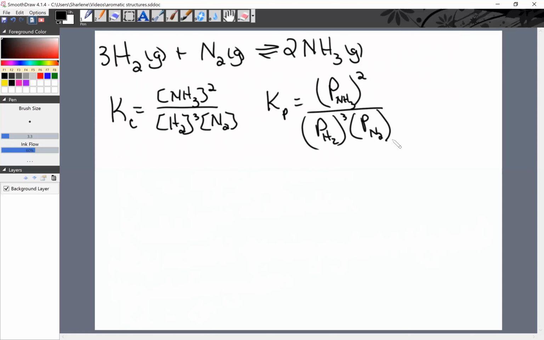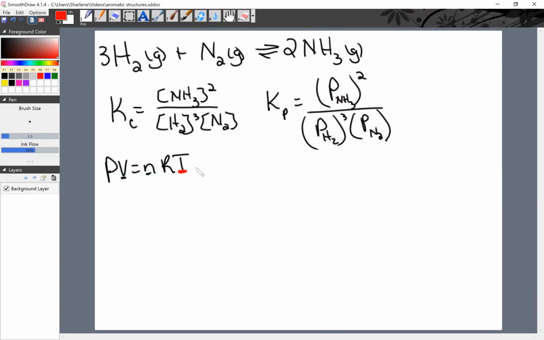Okay, and so that would be a Kp, which they are related. Okay, they are absolutely related. Because, oh, guess what? PV equals nRT. Remember, n over V is molarity, and so you can relate those two together because the only difference is temperature.